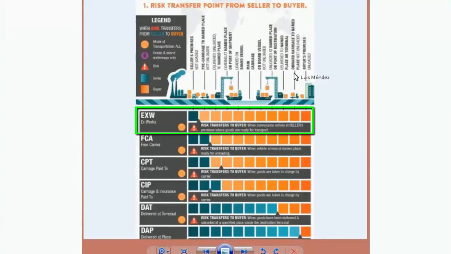So if I'm selling, I'm going to sell it at my place. It could be my office or my factory, but not loaded to the transport, to the buyer's transport. So from now on, the buyer is going to be responsible for all this process.